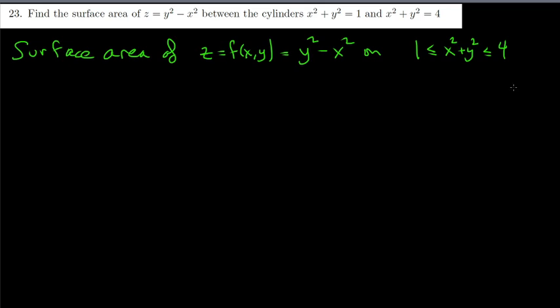Now remember, x squared plus y squared is just r squared. And when you take the square root, and r is positive, right, you're just getting two circles, one with radius 1 and one with radius 2. So you get this little ring we call an annulus. So that's it.